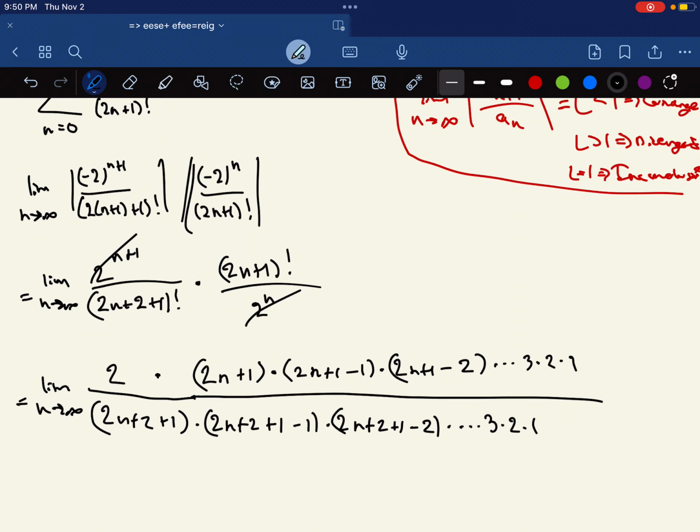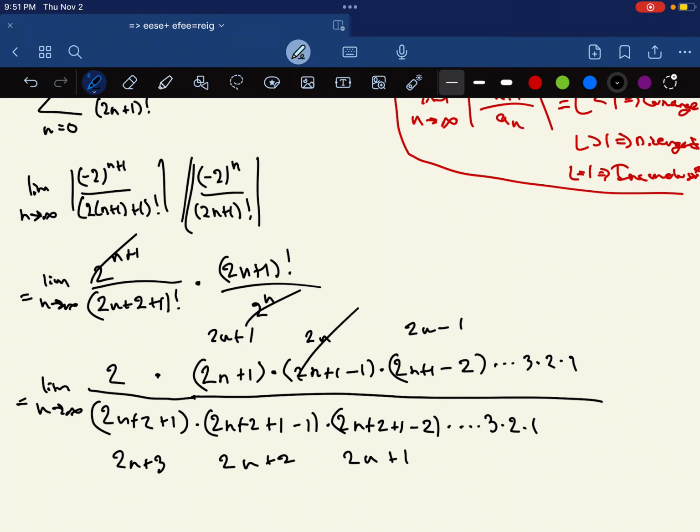Alright, and we see right here that this is 2n plus 3, 2n plus 2, 2n plus 1. Okay, let's see, so we've got 2n up here, we've got 2n minus 1, we've got 2n plus 1.